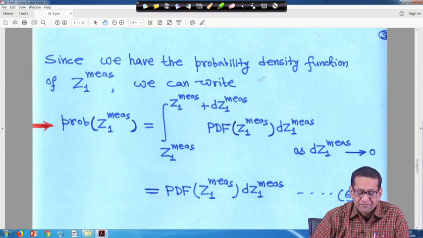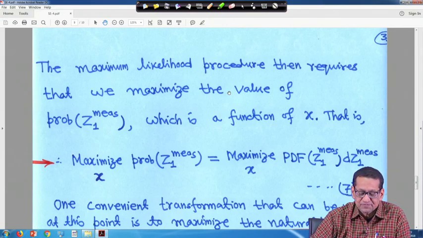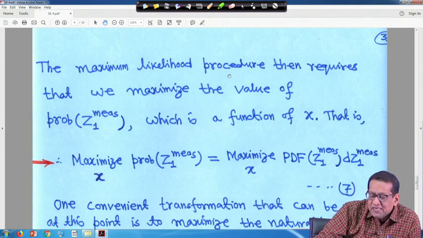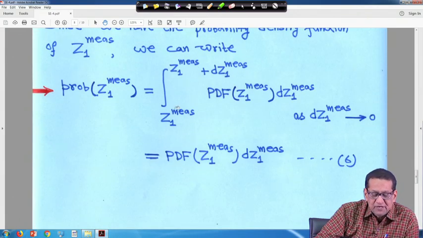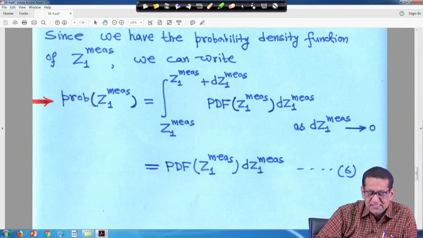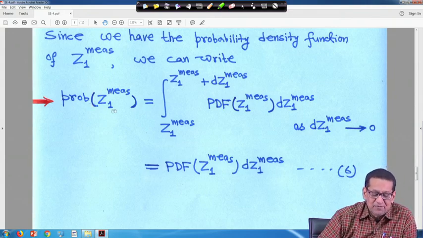Next, the maximum likelihood procedure requires that we maximize the value of the probability of Z1 measure.